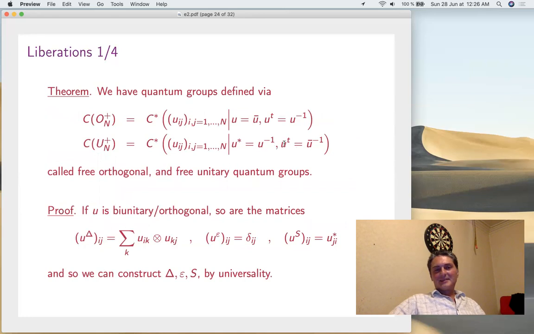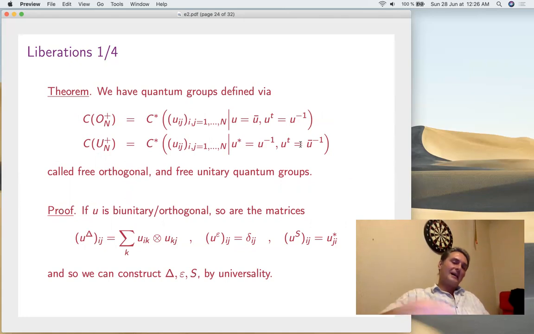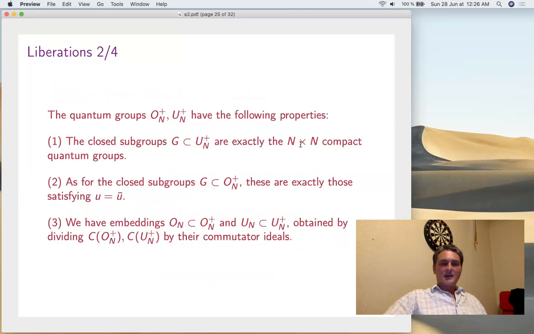Well, this is just the biunitary condition of the axioms of Woronowicz, which were stating that to have an n by n quantum group, you need an algebra generated by a biunitary with maps and so on. So it's a quotient of this algebra, right? So the Woronowicz algebras n by n are quotients of C of UN plus. This means that the corresponding quantum groups are subgroups of UN plus. So that's our number one here.